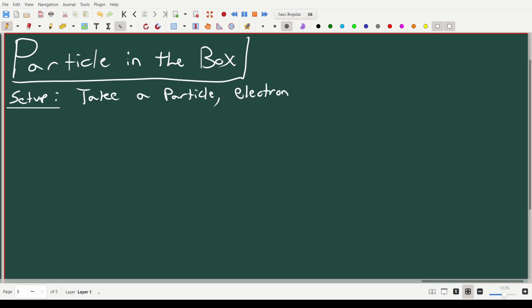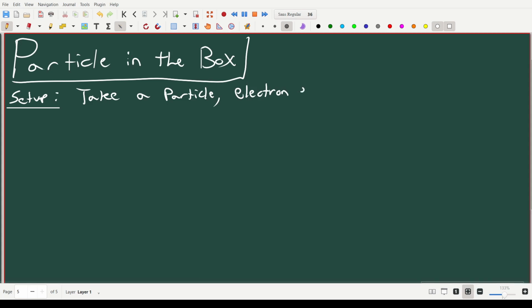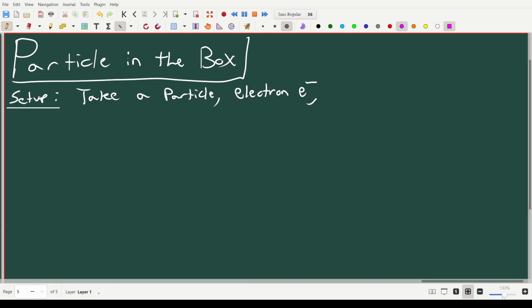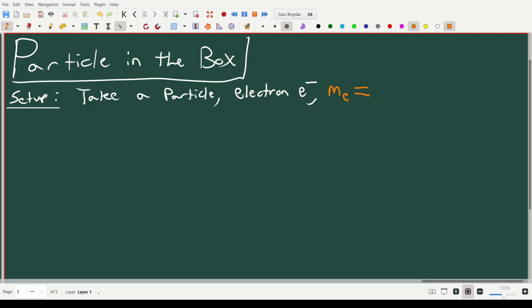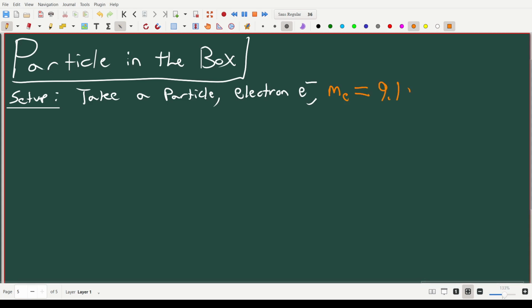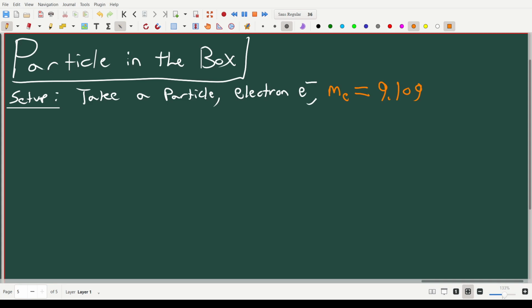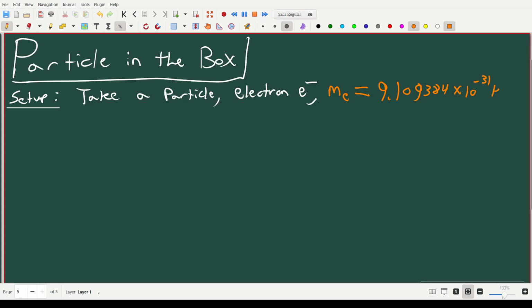They have a mass, but they don't have a shape. So we have an electron, e minus. Let me write down the mass of the electron because you'll need this eventually, and you can look it up later: 9.109384 times 10 to the minus 31 kilograms.